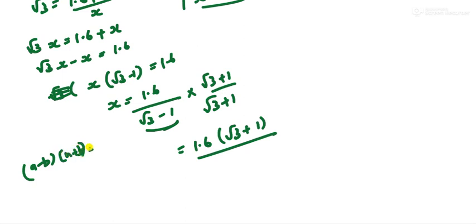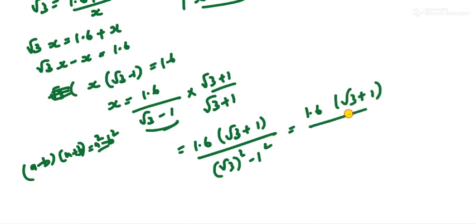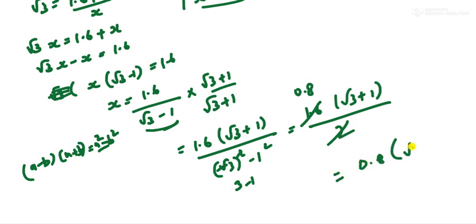What is this? a square minus b square. So this is root 3 whole square minus 1 square. So this remains 1.6 into root 3 plus 1 divided by 3 minus 1, which is 2. So 2 ones are 2, 2 eights are 16, since decimal is there, this is 0.8. So your final answer is 0.8 into root 3 plus 1.